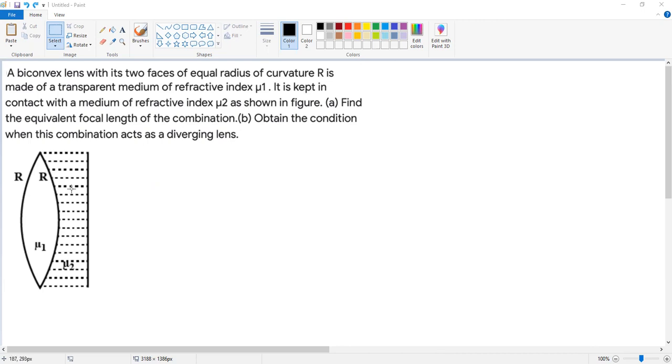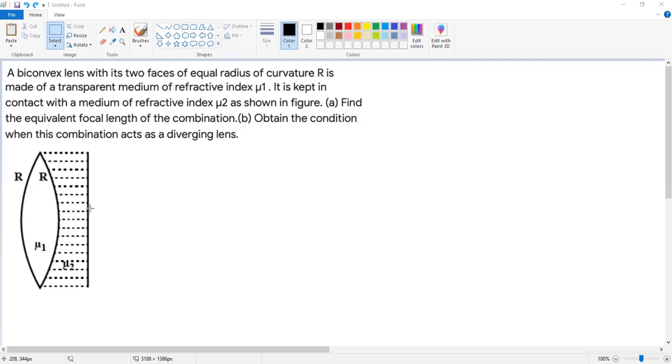We can treat this as two lenses, a convex lens of refractive index mu1, and another plano-concave lens of refractive index mu2.